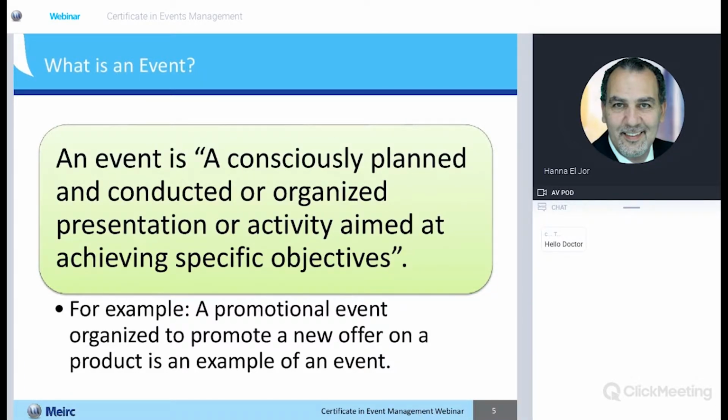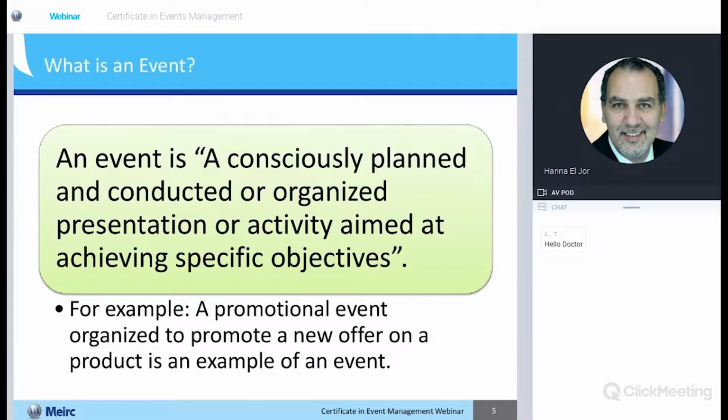We need to be conscious about what we are going to plan for this event. Of course, we will talk more about the theme. That should be one of the first steps. Then organized presentation, so you have the planning and the organization. Once it is implemented, that will be the leading part, and then towards the end, achieving specific objectives. And how do we know whether we achieved those objectives? Of course, it will be by evaluating.